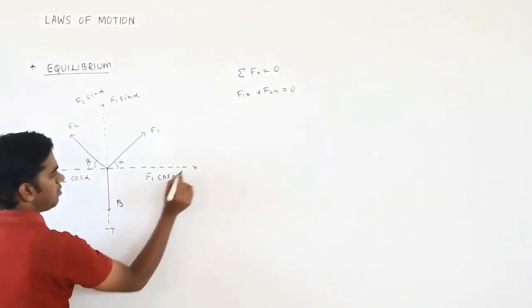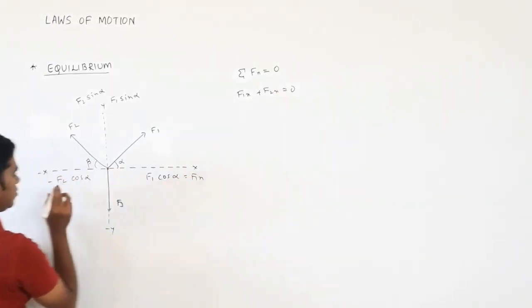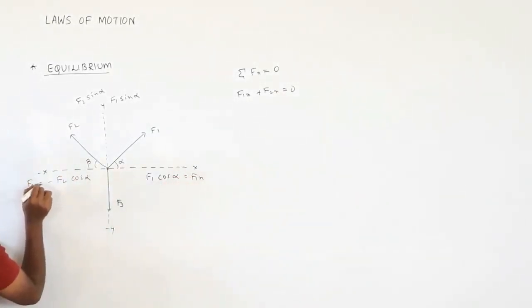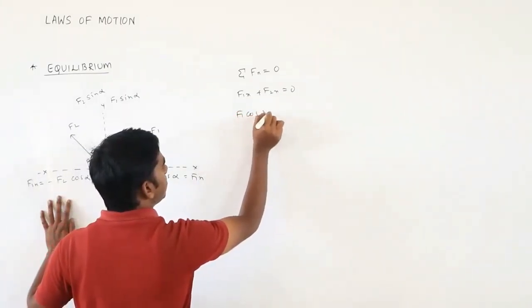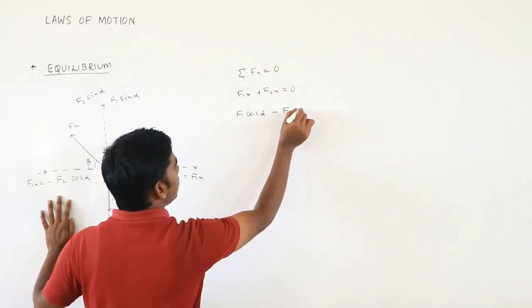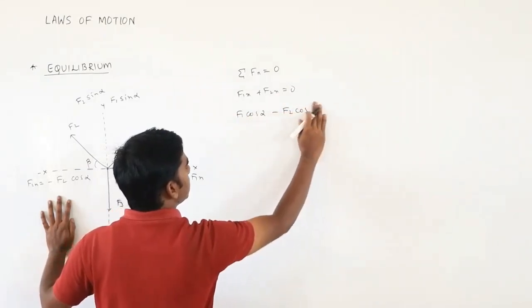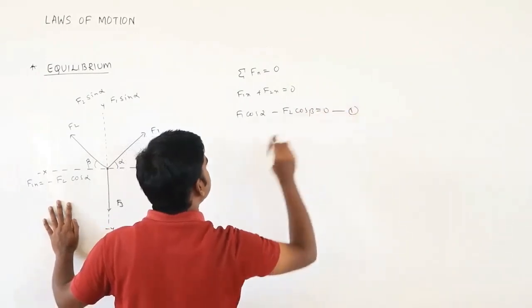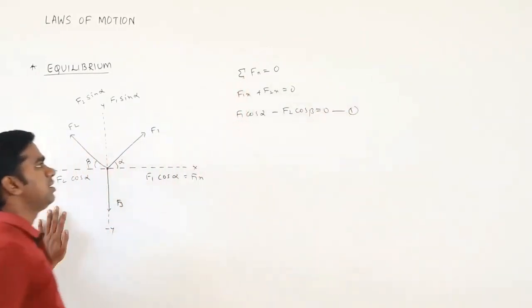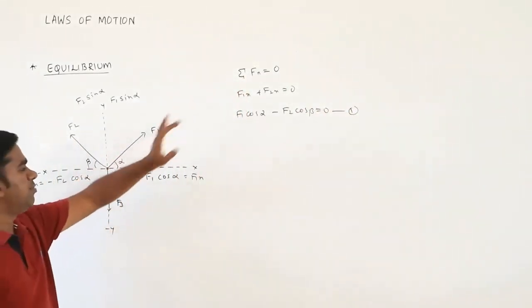This is your F1x, this is your F2x. So F1 cos alpha minus F2 cos beta equals 0. You got one equation, and this is how we can get the sum of x components.